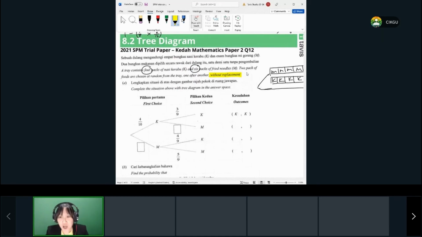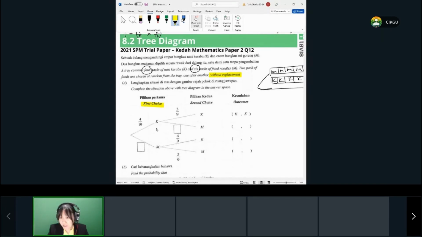So here you have 2 events. Why? Because you are picking 2 packs. The first event is you pick the first pack. Second event, you pick the second pack. In the tree diagram, that's why they purposely have two layers. The first layer is the first choice, your first event. Either you pick a kerabu or you pick a fried noodle.